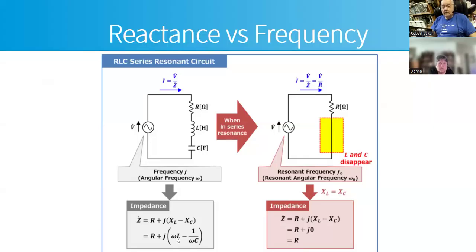So it's the combination of omega L, and remember I said omega is a shorthand for 2 pi f, minus 1 over omega C. So when they're equal, that term becomes 0, and all you're left with is the impedance Z is equal to the resistance R, which is only true when the reactances are equal, when you have a resonant series circuit.